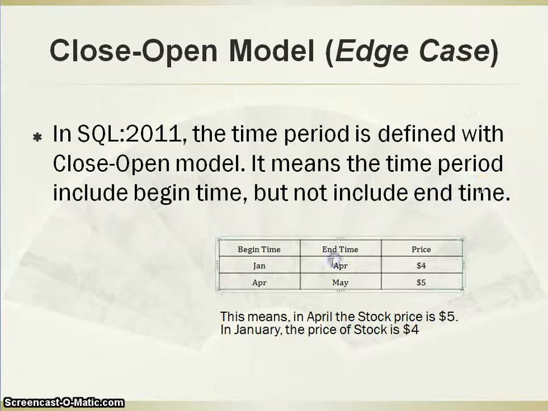For example, in these 2 records, a simple example, we know that the price for April is $5, because the second record includes the begin time, but does not include its end time. So in May, I don't know what happened in May. This is called the closed-open model.